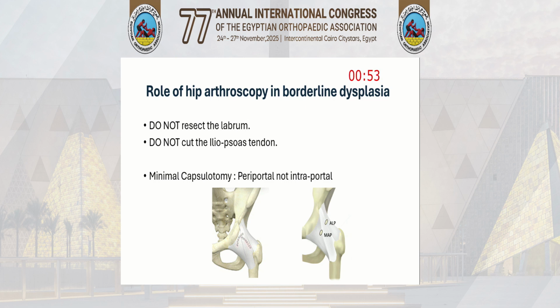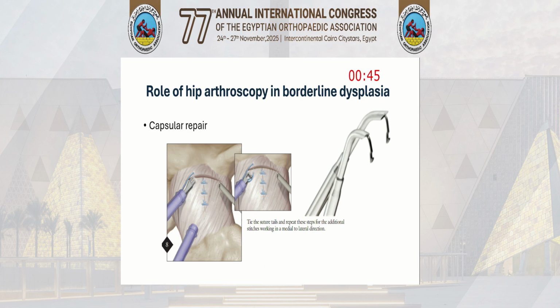You should not cut the iliopsoas tendon, because that causes instability. And if you do a capsulotomy, you need to do a minimal capsulotomy, definitely not a T capsulotomy. If you do a T capsulotomy or an interportal capsulotomy, then you should be ready and prepared to repair that capsulotomy. There are certain instruments now available for repairing that capsulotomy.